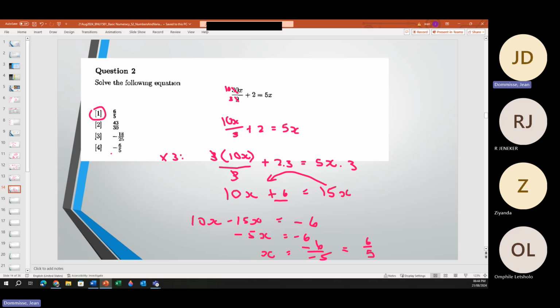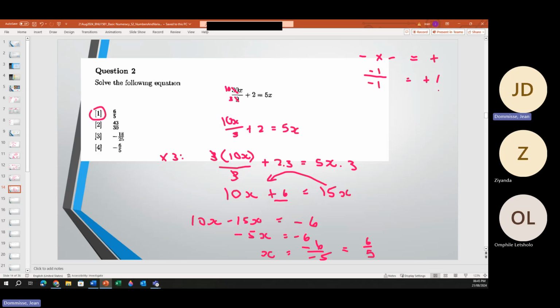So again, very important to remember: negative times a negative becomes a positive, and a negative divided by a negative also becomes a positive.